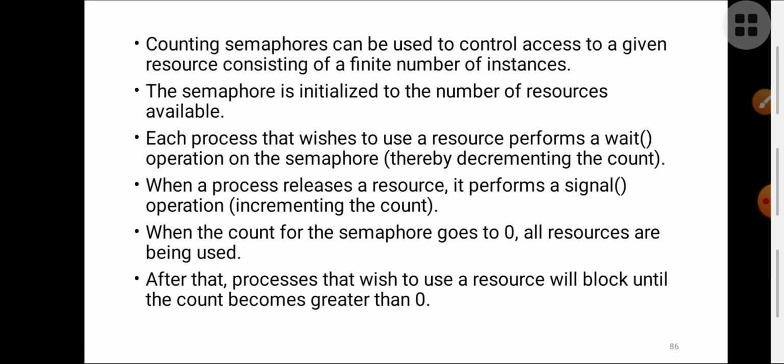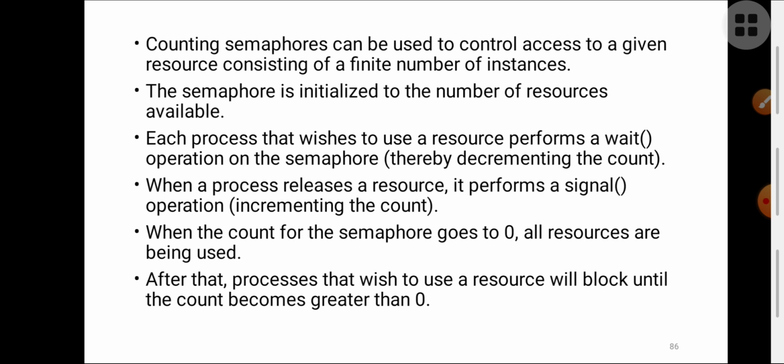The wait operation tests the condition and decrements the count, that is S minus minus. When a process releases a resource, it performs a signal, which is an increment operation, so it increments the count value, that is S plus plus.